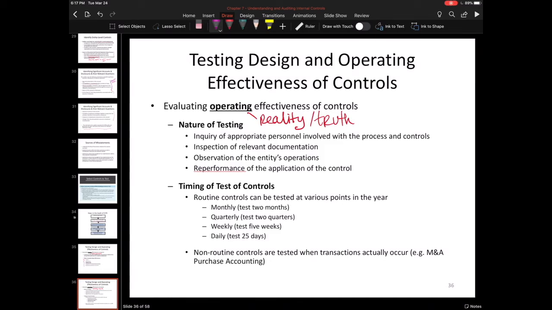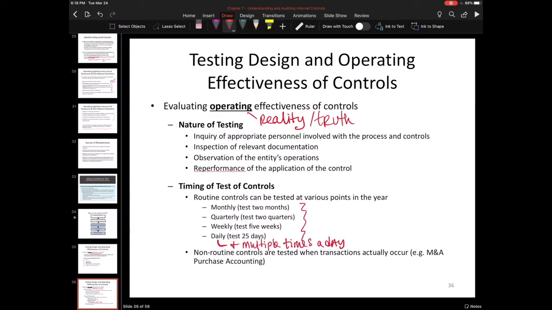And this is an example of how many times I might test different types of controls, different frequencies of controls. So for a daily control, I might get the sample of every time it operates. This would be daily and multiple times a day.